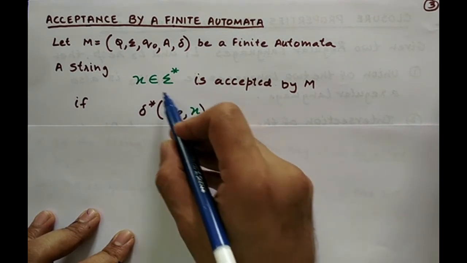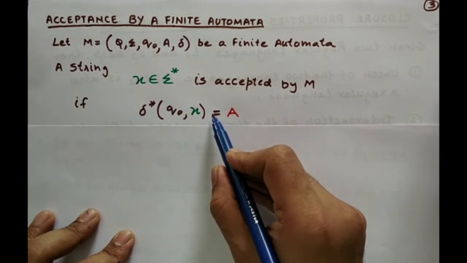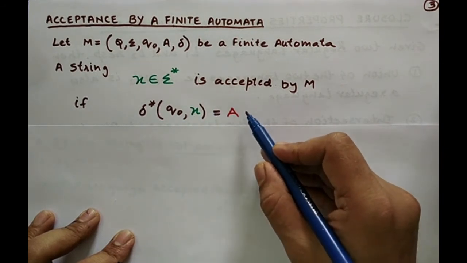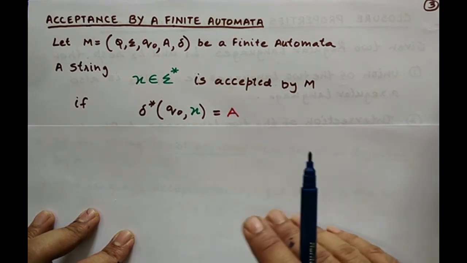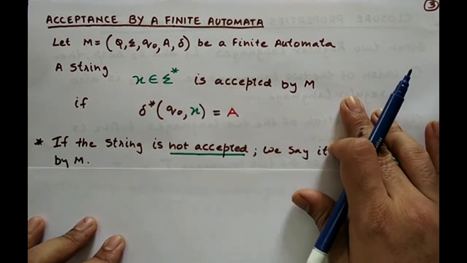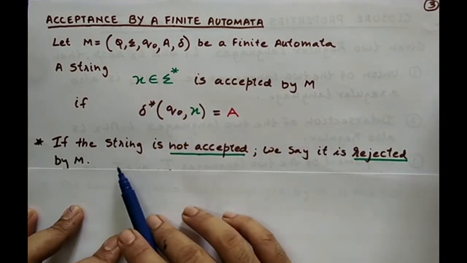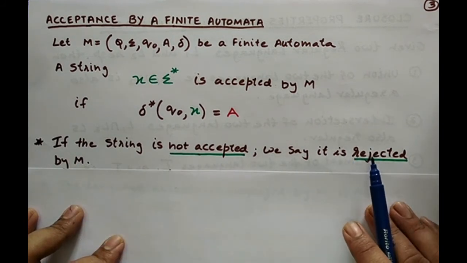So if the extended transition function, after taking the full string, gives you a resultant state that belongs to A, an accepting state, then we say that the string is accepted by the finite automata. If the string is not accepted, then we say that it is rejected by M.